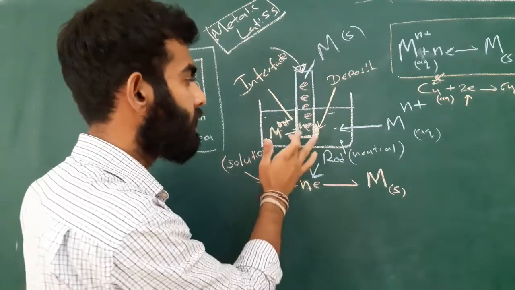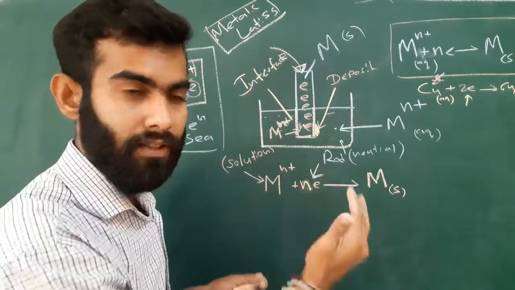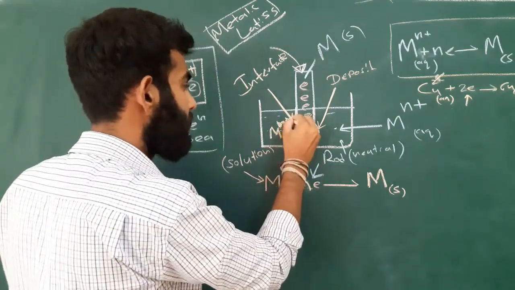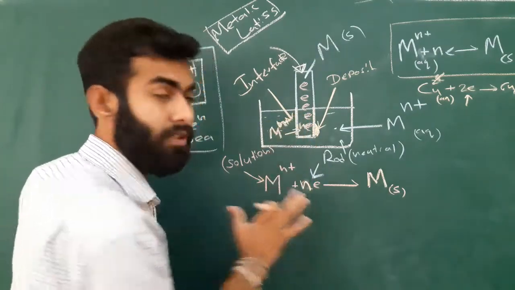There are 2 phases: this is the solid phase, this is the liquid phase. So in between these 2 phases there is an interface. This reaction will happen on this interface.